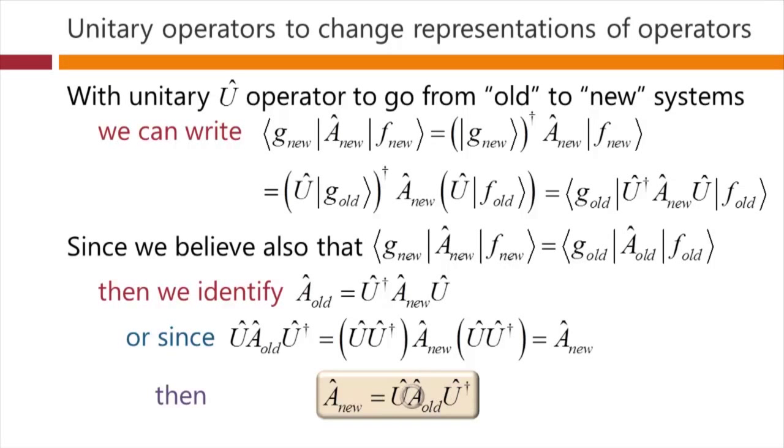Then we operate with the operator in the old coordinate system to get a vector in the old coordinate system, and then we use u to transform from the old coordinate system back to the new coordinate system. So that's what's going on inside here, and of course that's just the same thing as operating with A in the new coordinate system. So this is how we transform an operator from an old coordinate system to a new one.